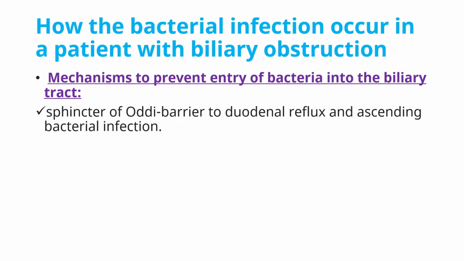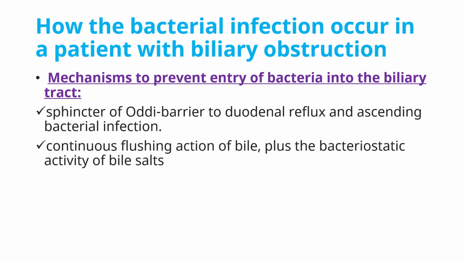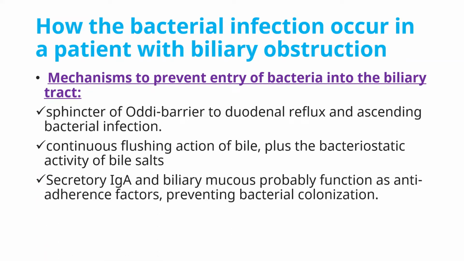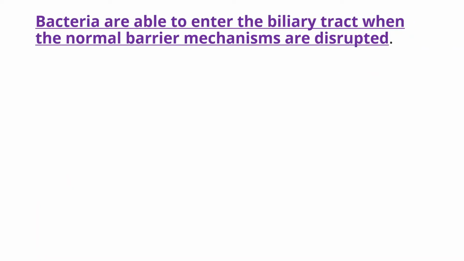The sphincter of Oddi is a mechanical barrier to duodenal reflux and ascending bacterial infection. Continuous flushing of the bile and the bacteriostatic activity of the bile salts also decrease colonization. Secretory immunoglobulin A and biliary mucus also act as anti-adherence factors, preventing bacterial colonization.